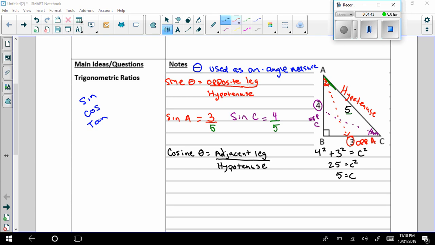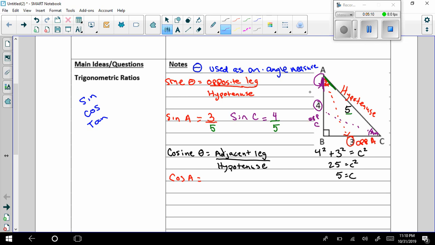Okay, so again, looking at our same 2 angles, we'll go back up here. We're going to do cosine of angle A is equal to, and now we'll see when we look at A, adjacent means next to. So adjacent to angle A is this side right here, keeping in mind that the hypotenuse never changes, so that has to be the hypotenuse.